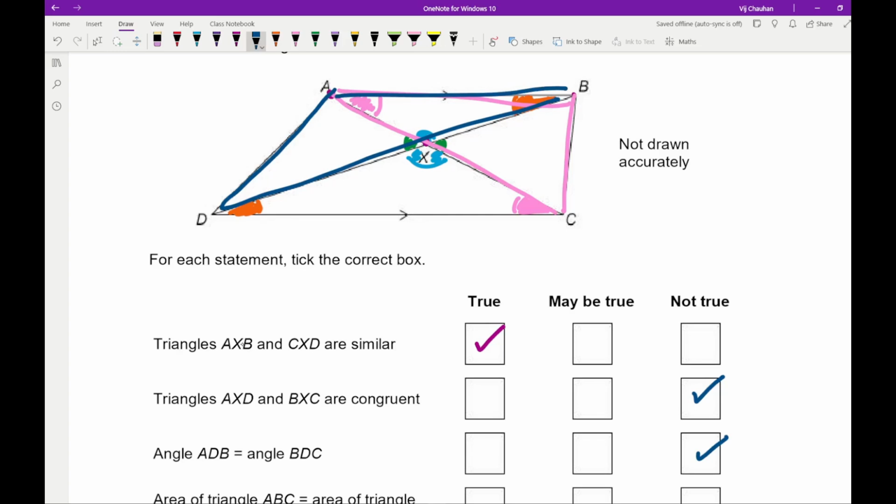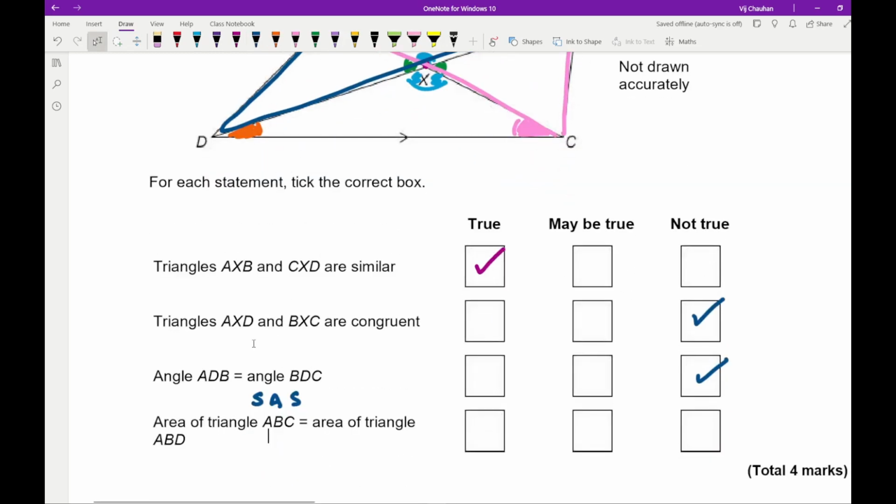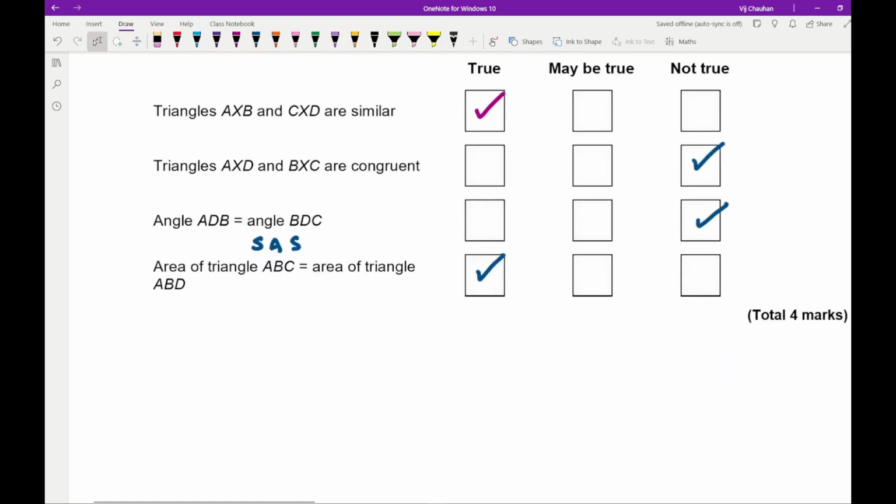Let's have a look. Well, they've both got a shared side. They've both got a common angle in terms of angle B and D, and they've also got a common side which is DB. So through ASA it is going to be true. And there we go.